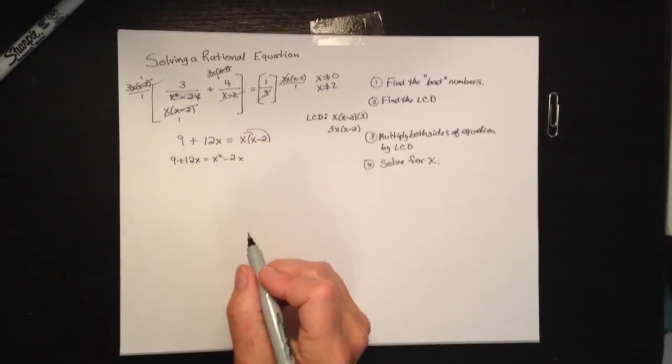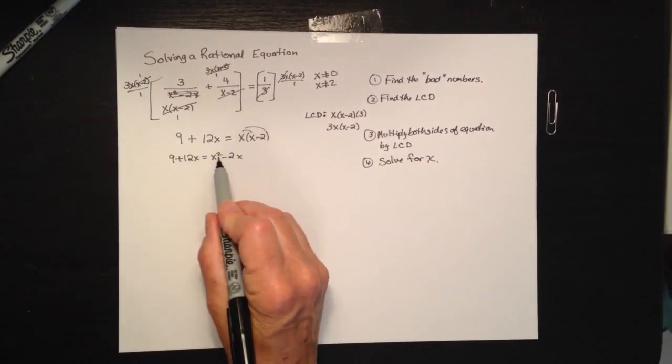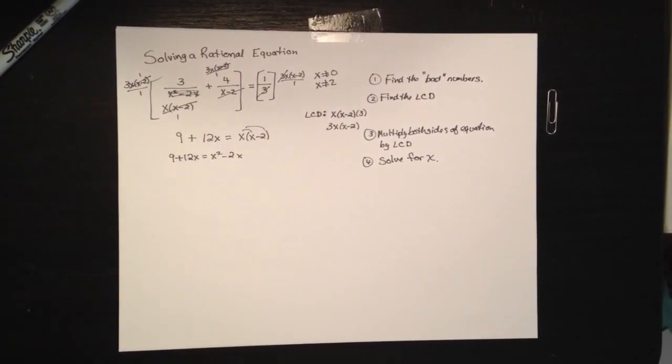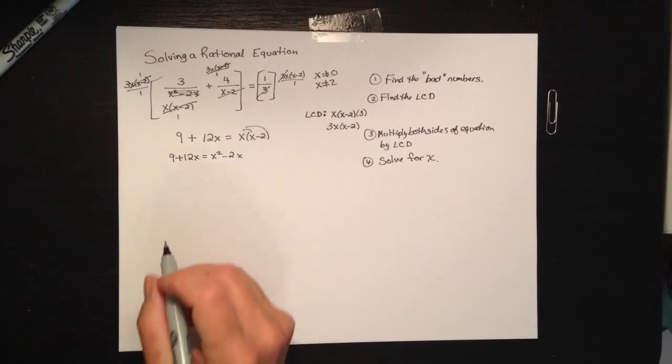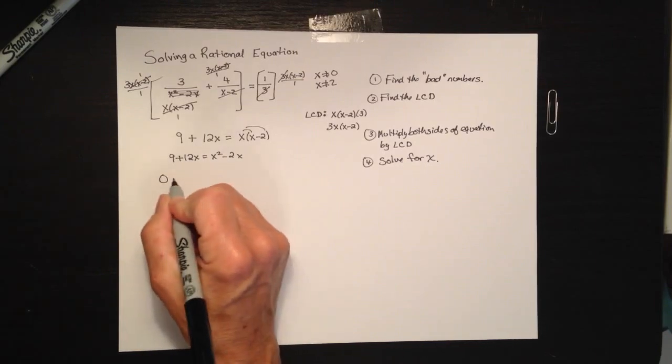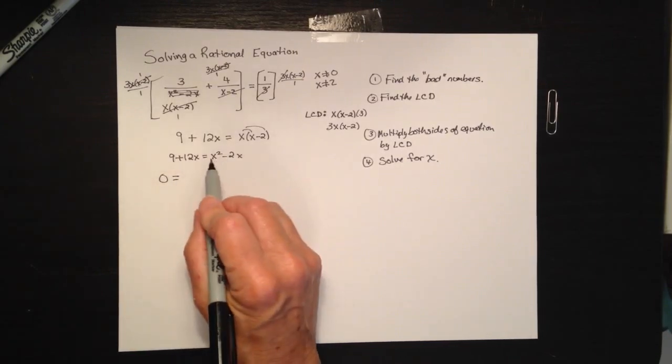I see that this is not a linear equation, this is a quadratic equation. So the way I can solve quadratic equations is by factoring, if it's factorable, by taking the square root, by completing the square, or by using the quadratic formula. So in these steps, I need a 0 on one side of the equation. I'm going to get a 0 on the left-hand side, simply because it's easier to work with a positive leading coefficient.